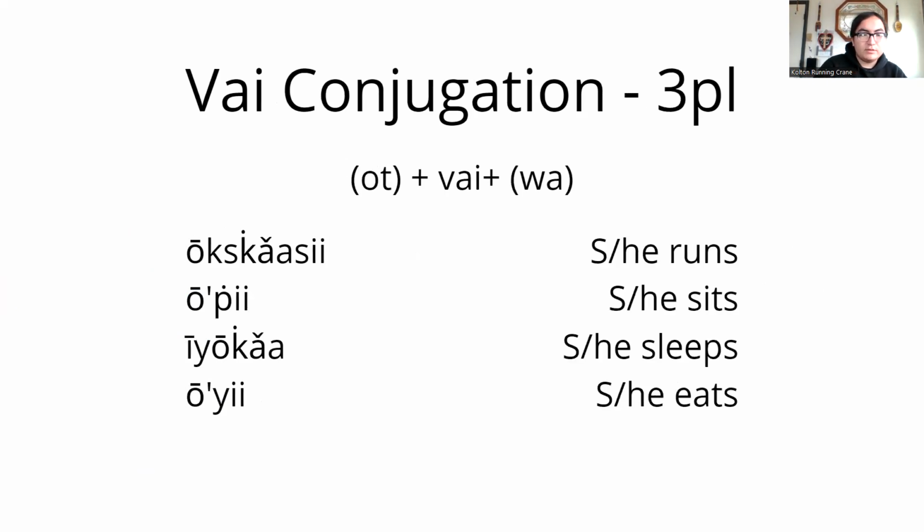Next up is the third person singular. This is supposed to be an S. I don't know how that happened. In some cases, and it's really only when the grammar gets more difficult, you'll add an ot at the beginning, but it's not the most common.